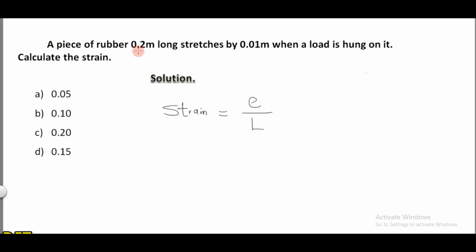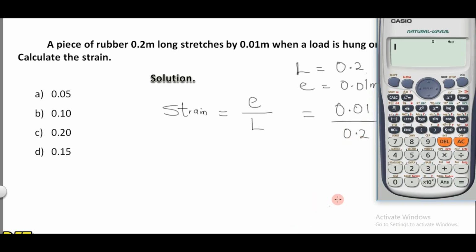So a piece of rubber 0.2 meters. That tells us that the length of this elastic material is equal to 0.2. Stretches by 0.01 meters, so the extension is equal to 0.01 meters. When a load is hung on it, calculate the strain. So strain is equal to extension over length. So this will be equal to 0.01 divided by the length, which is 0.2.